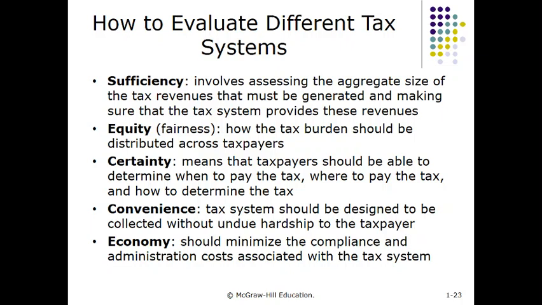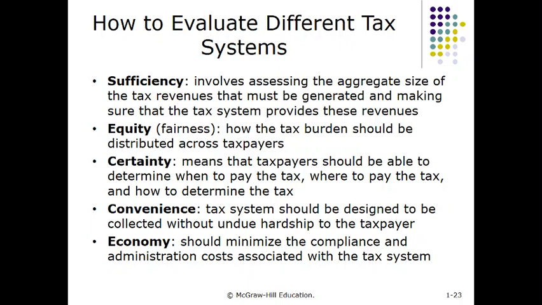What about certainty? Certainty means that taxpayers should be able to determine when to pay the tax, where to pay the tax, and how to determine the tax. When to pay the tax is certain. Where to pay the tax is usually pretty clear.